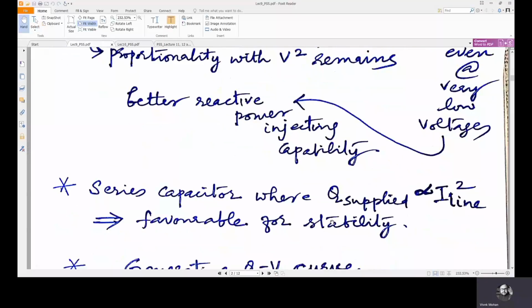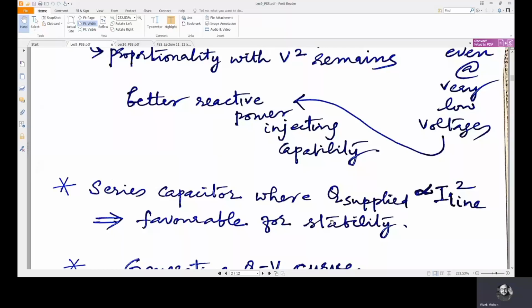Now, series capacitors. The reactive power supplied by series capacitors is proportional to the line current squared, and it is independent of bus voltage. So this is favorable from a stability point of view. The action of series capacitor is favorable.